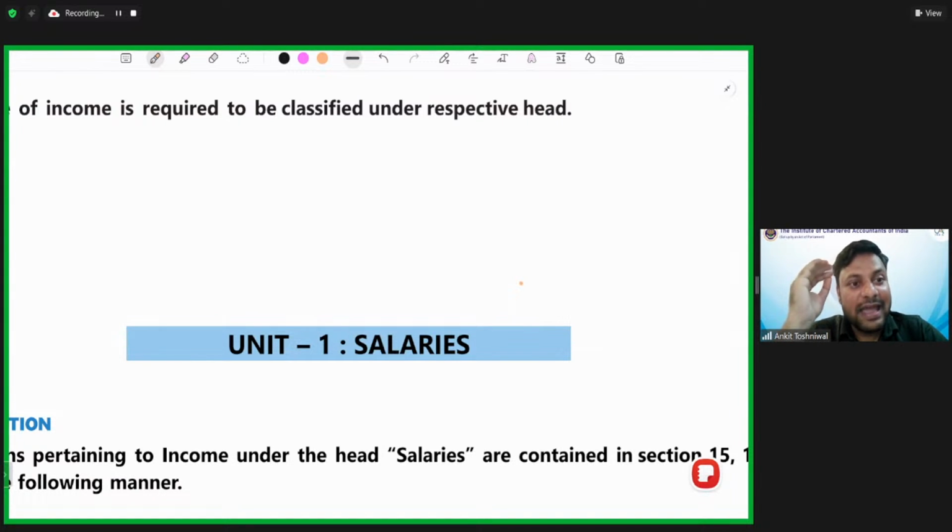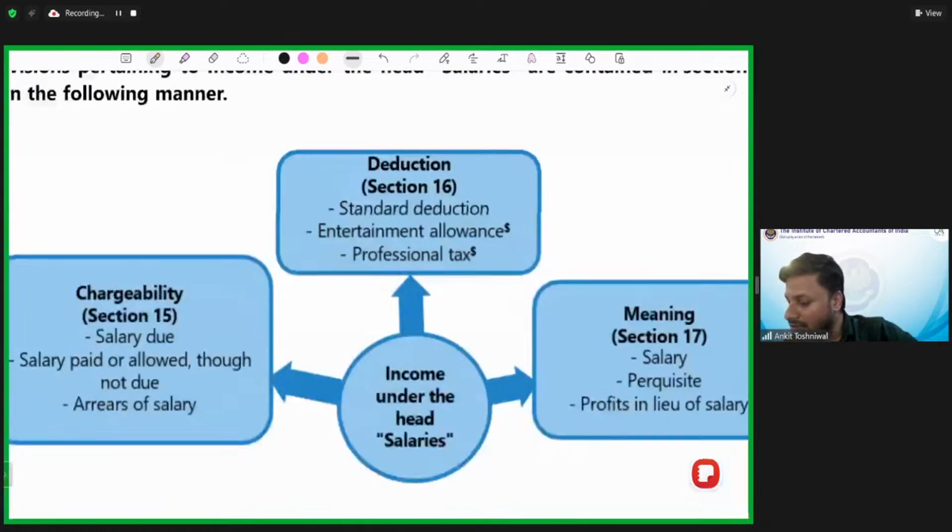If there is a relationship between the payer and the payee, that is of employer and employee, then the income earned by such employee from that employer is taxable under the head salary. What does this mean?